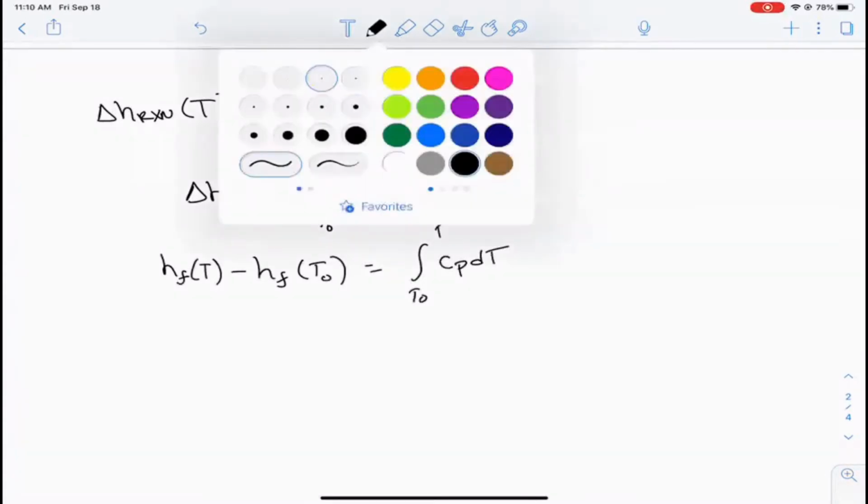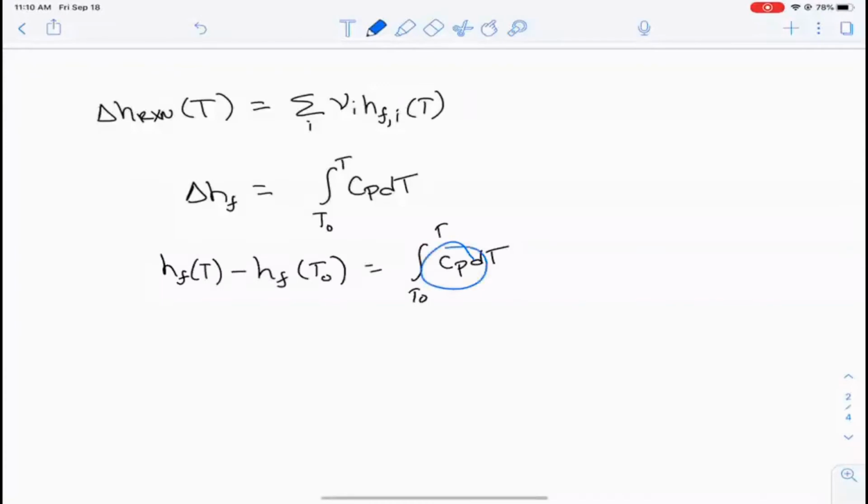And now essentially all that you need from this equation is some expression for the heat capacity as a function of temperature. So I'll do an example in a minute where we're going to actually use this approach, and we're just going to assume that it's a simple ideal gas, and then we know that this will be some multiple of R. But you could also take the temperature change into consideration and say that's equal to R times the integral from T0 to T of Cp over R dT.